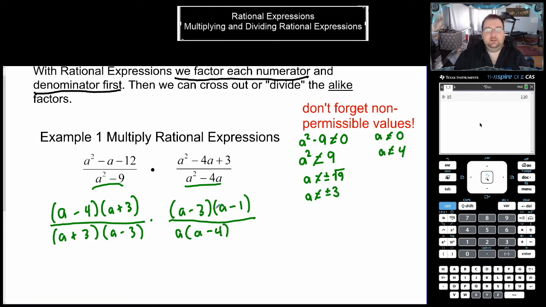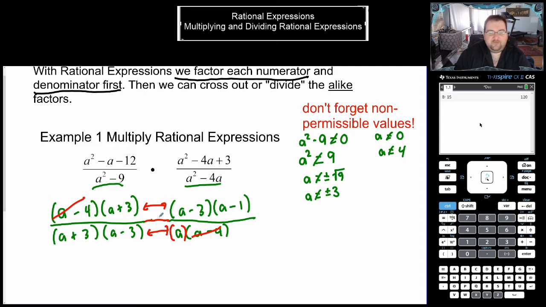Let's cancel out like terms, because we know that these numerators are going to multiply together and these denominators are going to multiply together, and anything that's similar on the top and the bottom we can cancel out. So those are similar on the top and bottom because these lines will eventually connect and this gap will close, right? And the reason why this is happening is because numerators multiply by numerators and denominators multiply by denominators.